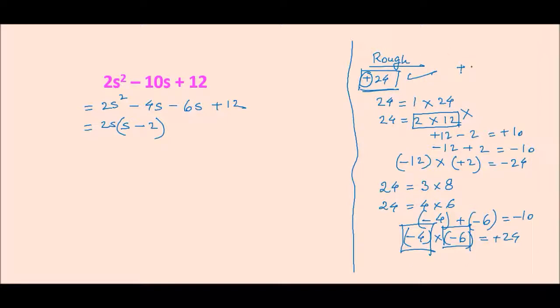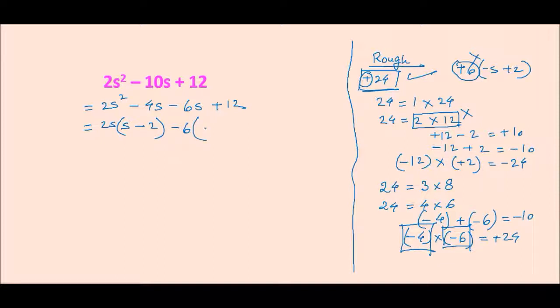If we take plus 6 as the common factor, we will be having minus s from the third term and a plus 2 from the fourth term, which is not the same as s minus 2. We should be having s minus 2 within the bracket. So we cannot take this plus 6. We have to take minus 6.